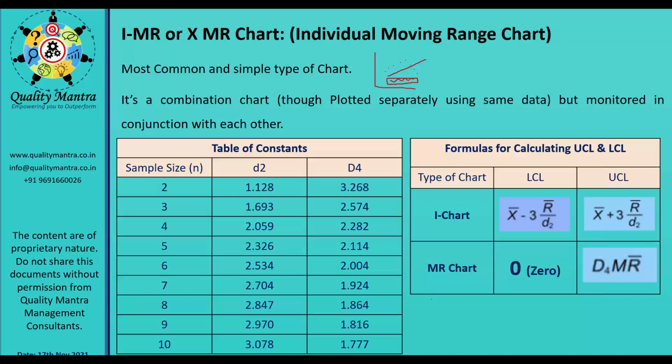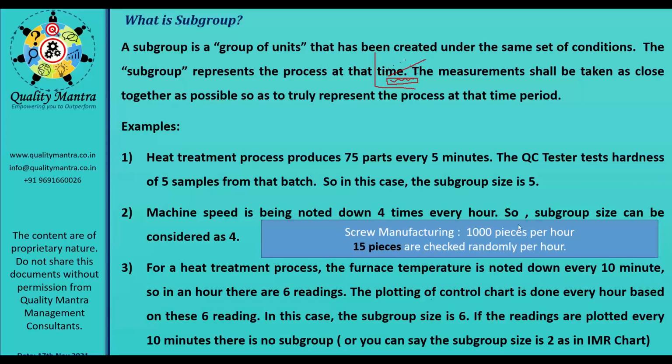So what is the subgroup now? Let's understand the subgroup, because the next charts are basically for the subgroup data. A subgroup is basically a group of units that has been created under the same set of conditions. For example, if you are collecting the data of any process, you know that whatever the process has been run in the last 1 hour, what data I am taking now is representative of that 1 hour.